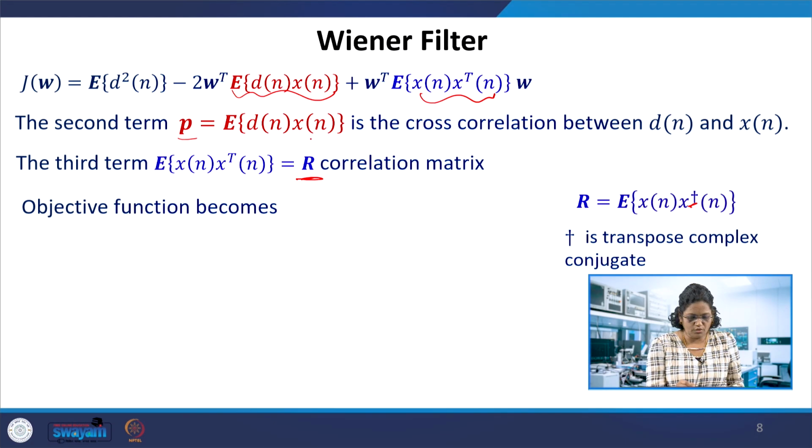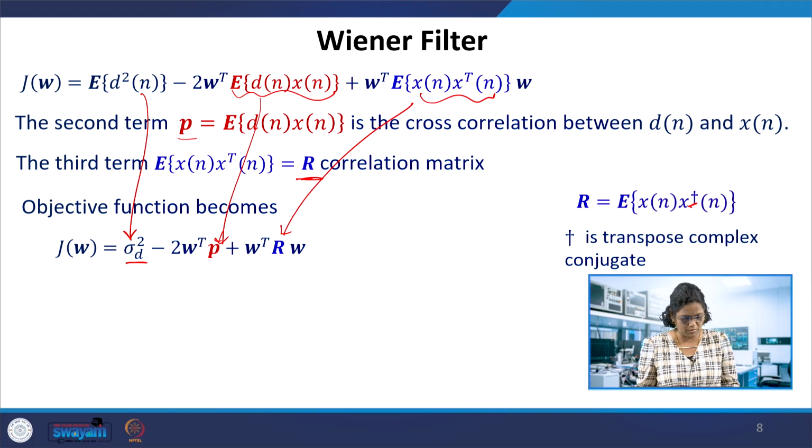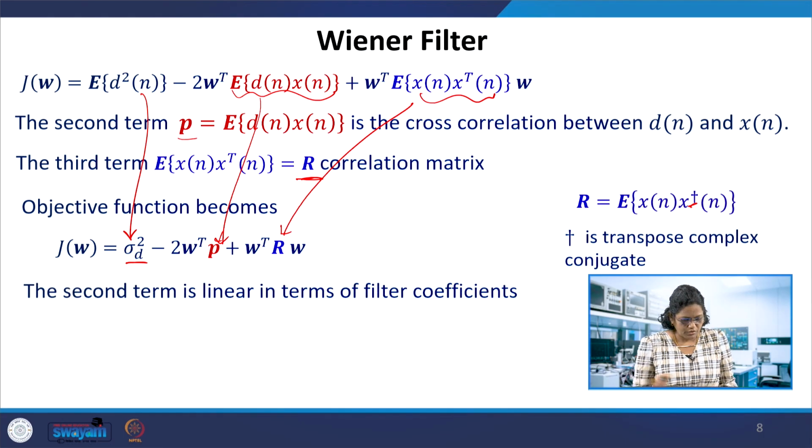So the objective function now reduces to sigma d square, which is the variance, minus 2 W transpose p, where p is from here, plus W transpose R W. So the cost function reduces to sigma d square minus 2 W transpose p plus W transpose R W. From this, the second term is linear in terms of the filter coefficients, as it is just W transpose p. But if you see W transpose R W, that term is quadratic, so it is not linear.